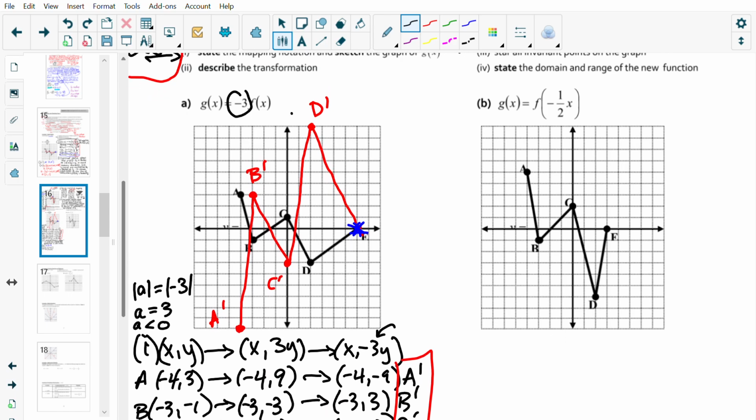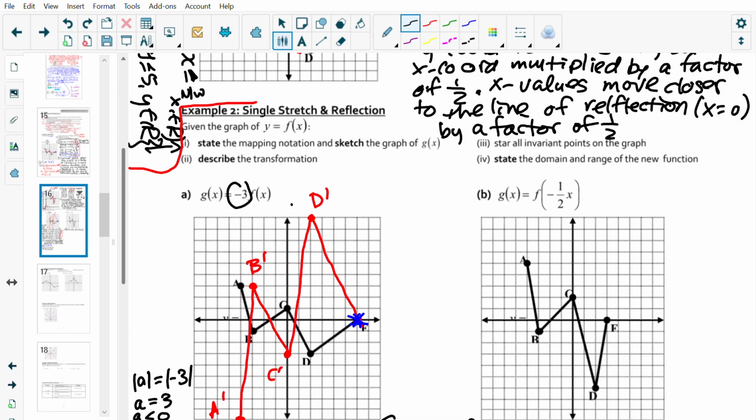Okay, letter B. Let's do the same. I'm going to do mapping notation. So 1, x, y, 2x, y, and -2x, y. Well, how do I get that? What does b equal here, folks? b equals -1/2. Okay?